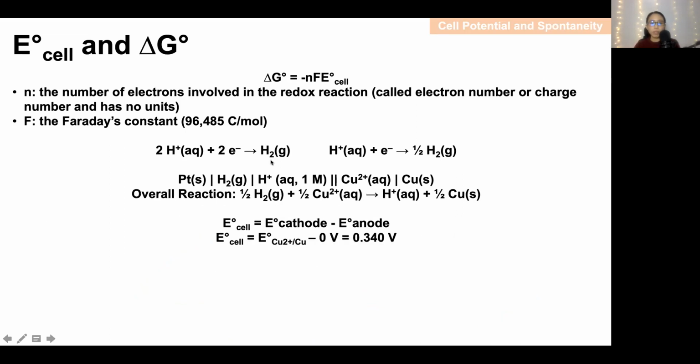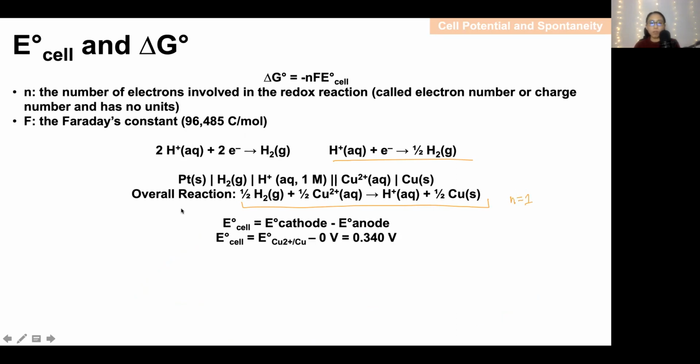So if we consider the reaction in our anode as this one, then our overall reaction will be written like this. Based on our balancing, your electron number is 1.